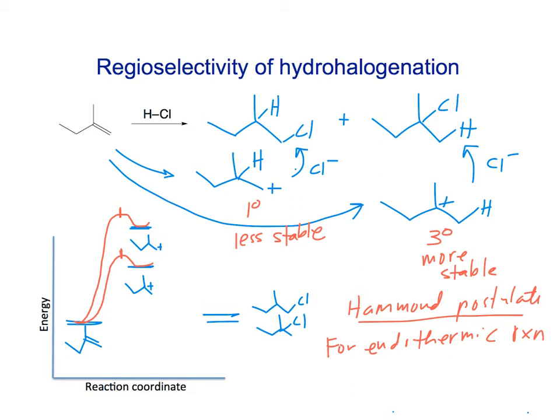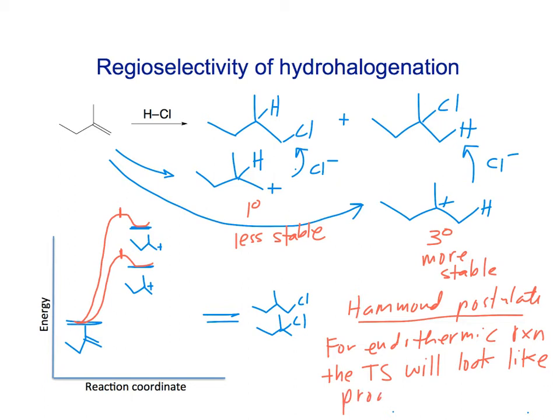The transition state always looks most like the reactant or product, whichever it's closer to in energy. But because these are endothermic, the transition state will look like the product.